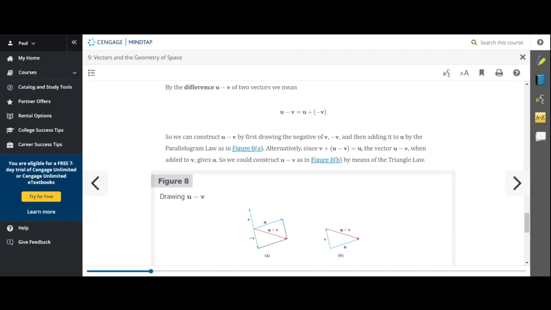If you make it negative v, then if you add u and the vector negative v, you'll get u minus v in 8b. They just don't write it out. But if you write vectors u and v on your paper, you'll see that u minus v is correct. Okay. All right. Good questions.